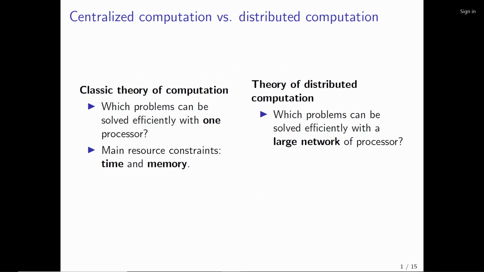So let's say that you have unlimited memory, you have no problem of concurrent access, everyone has their own memory, and you have, in a way, unlimited time, unlimited computing power. So in such a model, what you care about is what we call communication complexity. How many rounds of communication do you need between each of your vertices, so processors in your network, for you to solve a bigger problem on this graph?